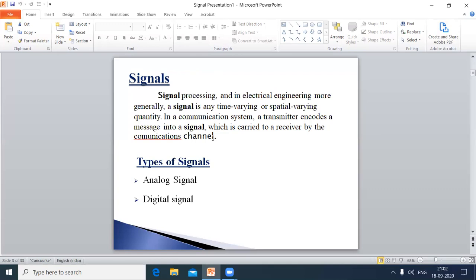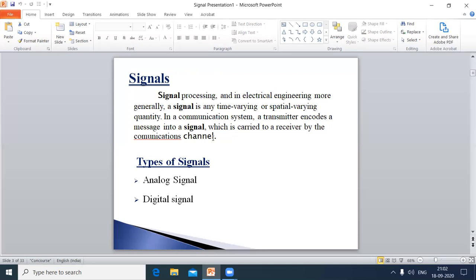Example, a signal passes through some cable wire. Okay, in a real time example, in our home you use a light button, switch on off. That means the signal passes. Okay.